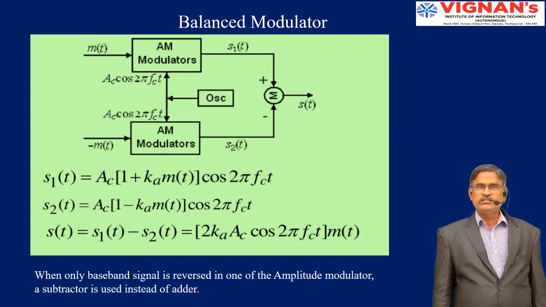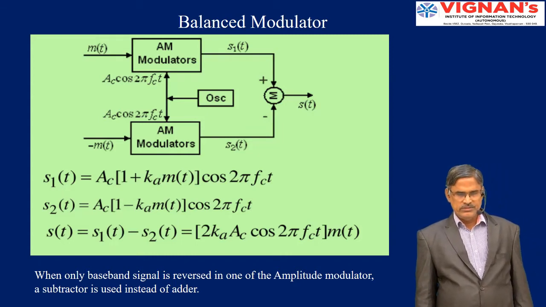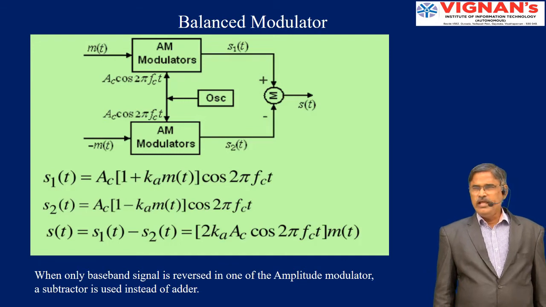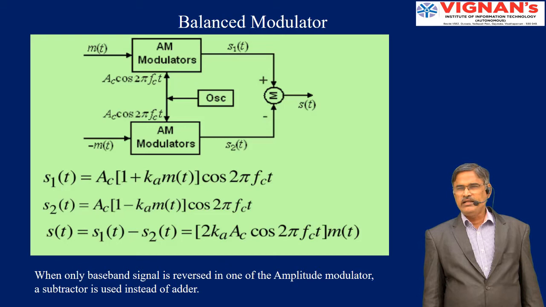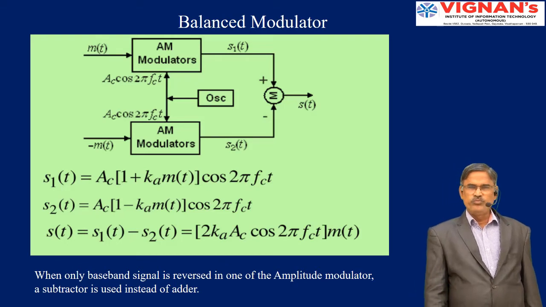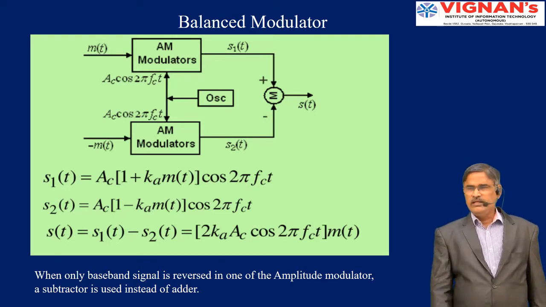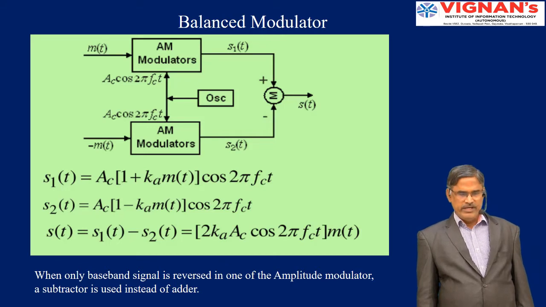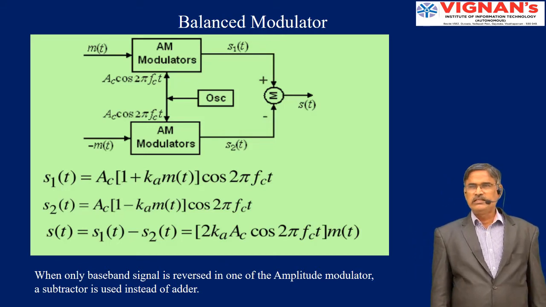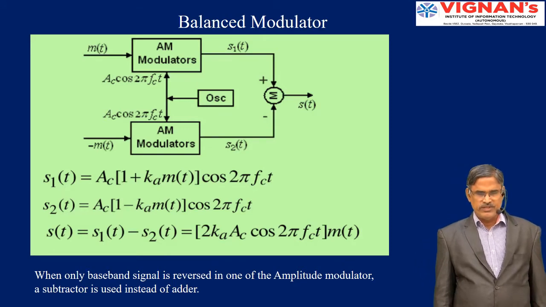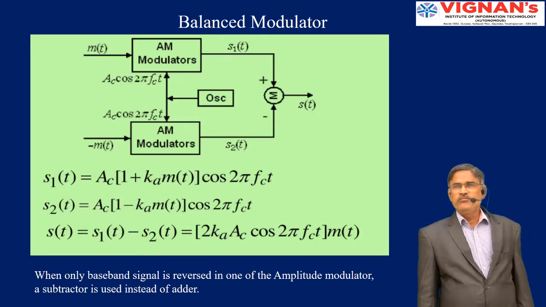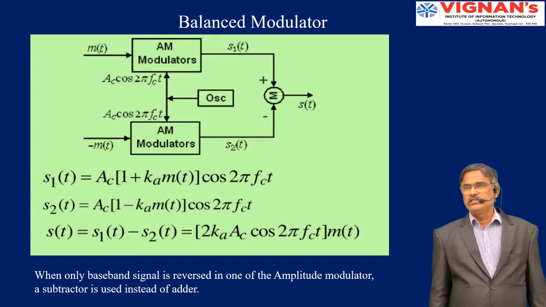What you are seeing is 2 AM modulators, and 1 AM modulator is applied with message signal m(t) and carrier signal Ac cos 2 pi fct. The other AM modulator is applied with the same carrier signal, but the message signal is phase reversed, that is minus m(t). The 2 AM modulators will generate AM signal.